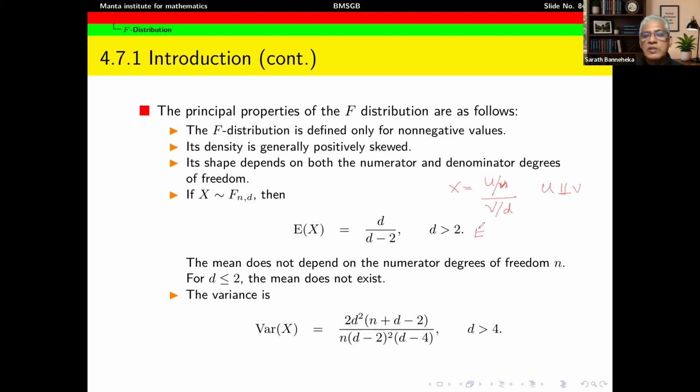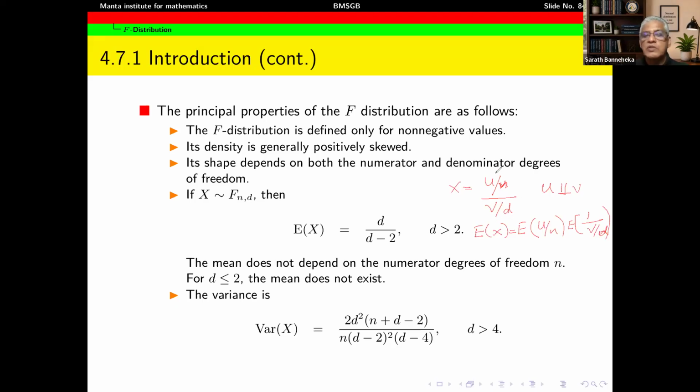Now, if you look at the expected value of X, that is equal to the expected value of this ratio. Because U and V are independent, we can write this as the expected value of U divided by N times the expected value of 1 over V divided by D. Remember, it is not equal to the expected value of U divided by N divided by the expected value of V divided by D. That is not correct.